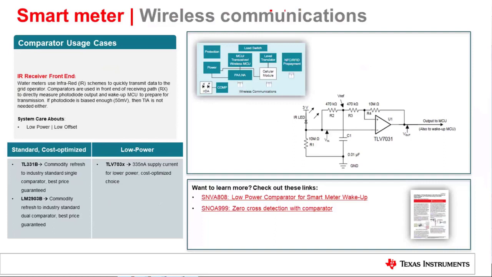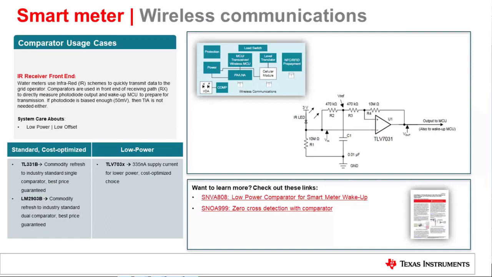And then the last application area that I'll speak to today is in the metering space. So motors typically use either standard comparators or this higher speed family. In the meters, it's more of this low power that we've seen. And one of the common areas I've seen, this doesn't apply just to meters, but anywhere you have an IR circuit, some type of IR receiver on the front end, we have seen a comparator sit there.